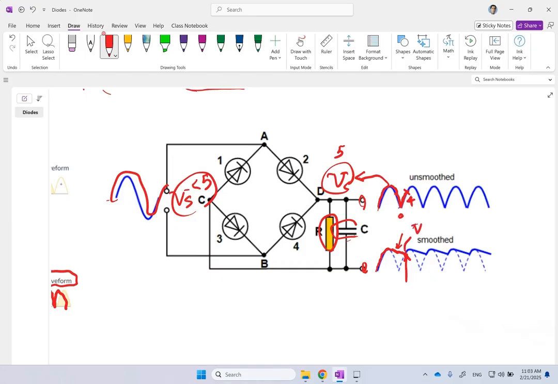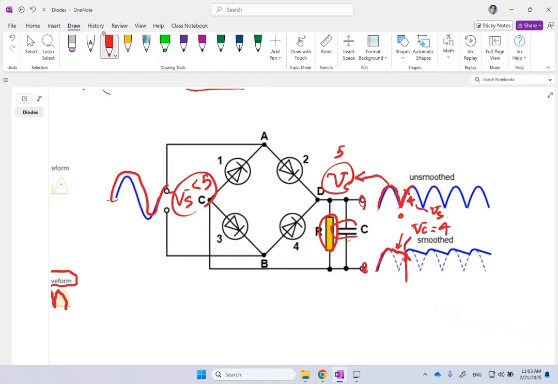So here your Vc is, let's say, 4 volts, and your power supply is also 4 volts. At that point, since they both have the same voltage, the capacitor stops discharging and it stays at 4, but Vs keeps going up from 4 to 5.